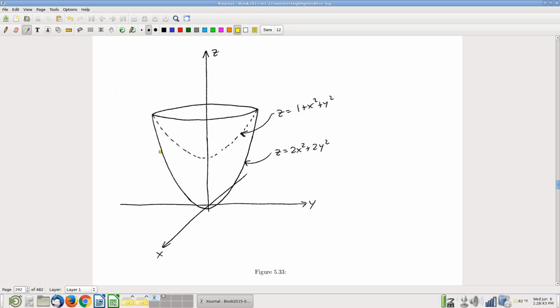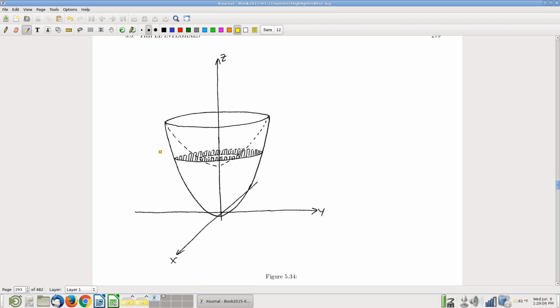Okay, so let's think about how we're going to slice this up. Again, we have 6 choices. We have 3 choices for which variable to slice first. Now, the very first comment I want to make is, what would be the worst possible choice for the first slice? I propose z, slices perpendicular to the z-axis. Really bad choice, because for certain values of z, those slices are annuli.